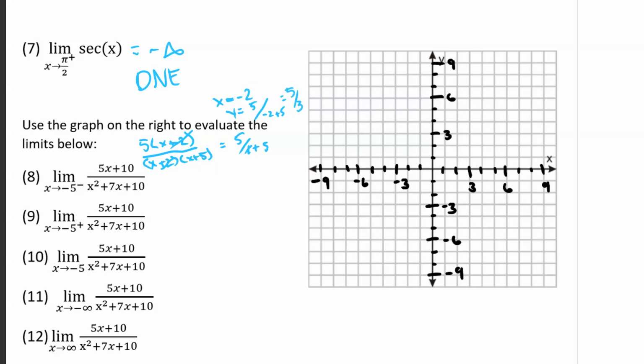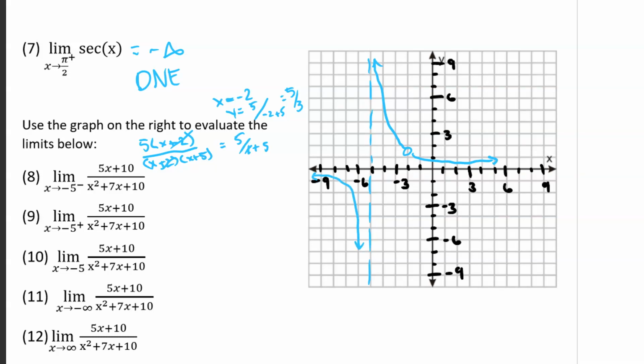Okay, so we've got a hole at -2, 5/3. So that's about 1.6, about here. Our graph shifts left 5, so we've got a vertical asymptote at -5 and a horizontal asymptote of the x-axis. So just a rough sketch of our graph looks like this.